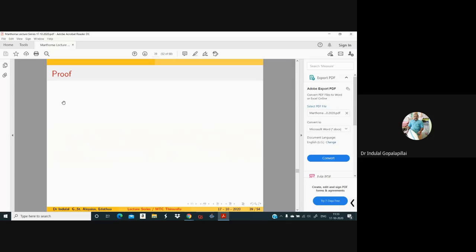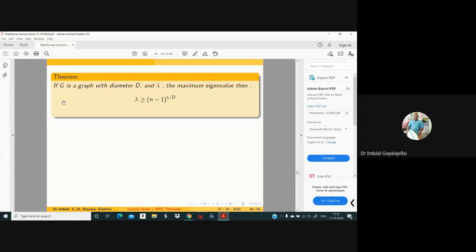Now, this is another estimate for the largest eigenvalue. If G is a graph with diameter D and lambda the maximum eigenvalue, then lambda is greater than or equal to (n minus 1) raised to 1 by D. That we will prove after discussing some more things.